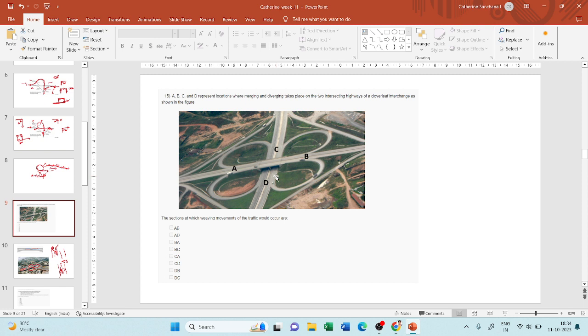Now they are asking you, where on this clover leaf intersection can you see merging and diverging actions? They have given you 4 points A, B, C and D. Now where will you see merging action? Let us see this figure. You need not look that intently into the figure, but I just want to explain with it.